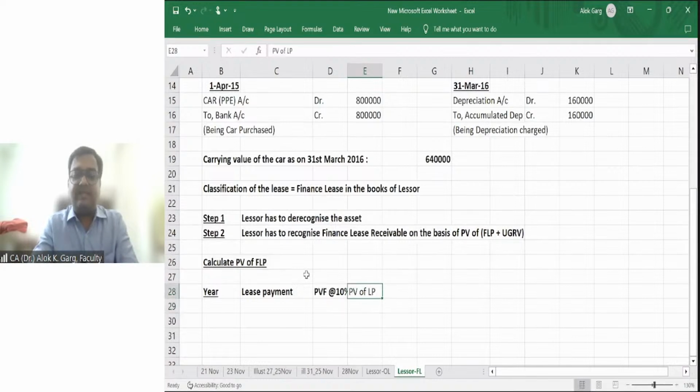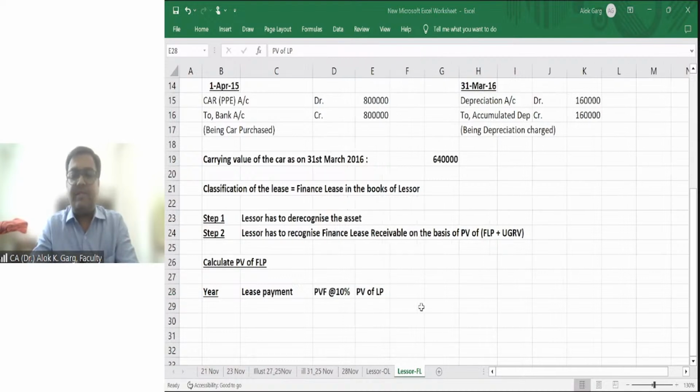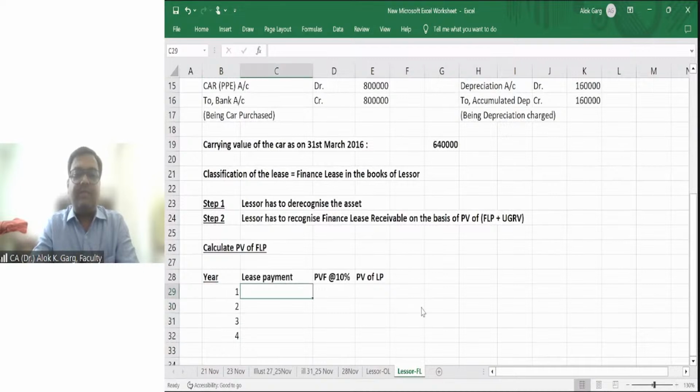I hope this Excel file is visible to all of you. Present value of lease payment. Year 1, 2, 3, 4. What is my lease payment? It is 1,25,000.